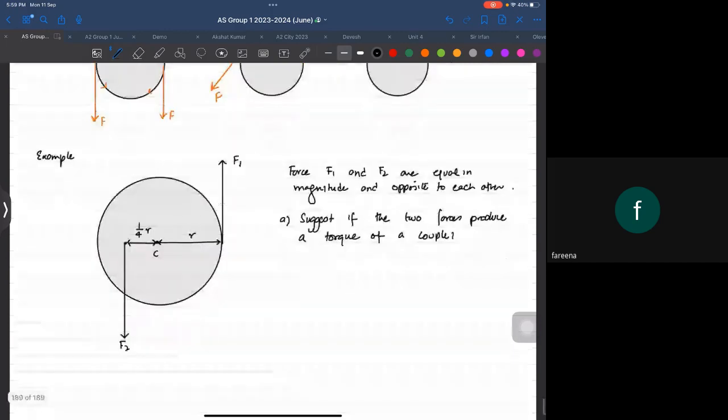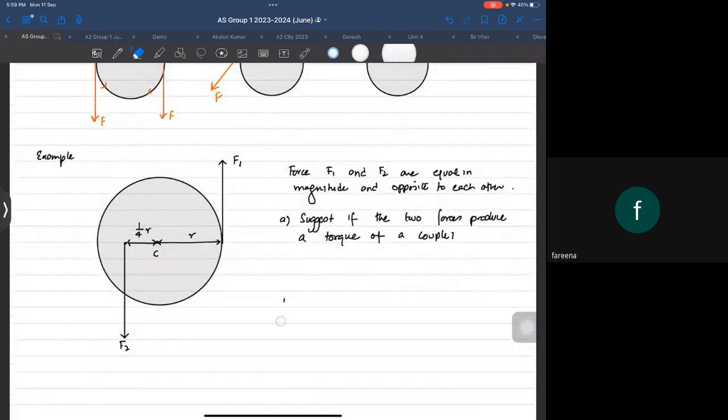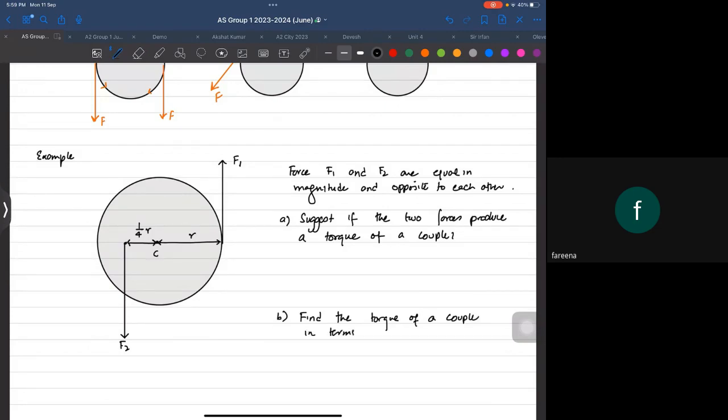So first question this, then the second one, let's write it here. Find the torque of a couple in terms of F2 and R. All right. Can you guys quickly do this, please?